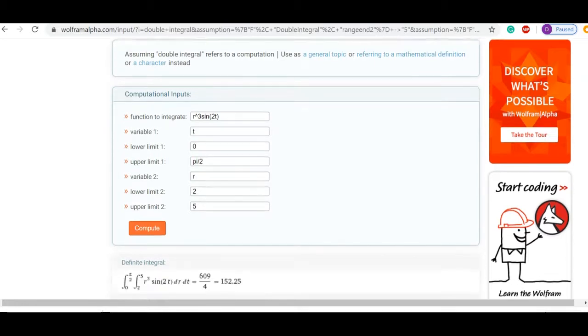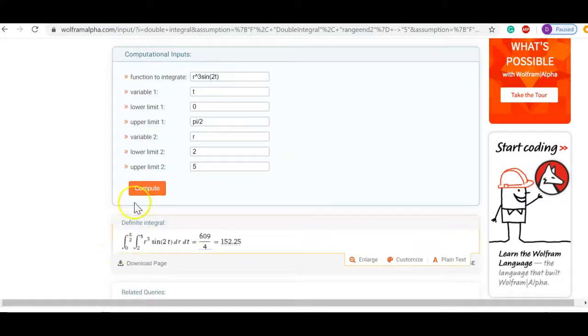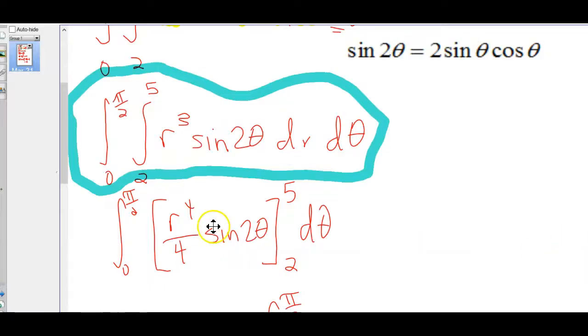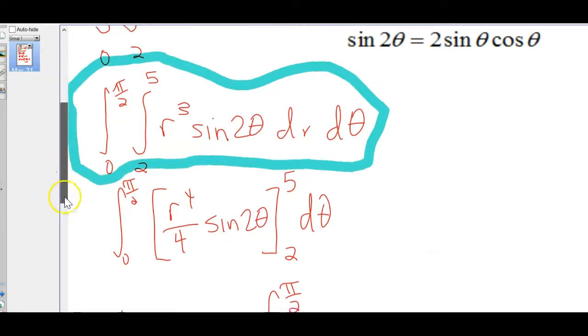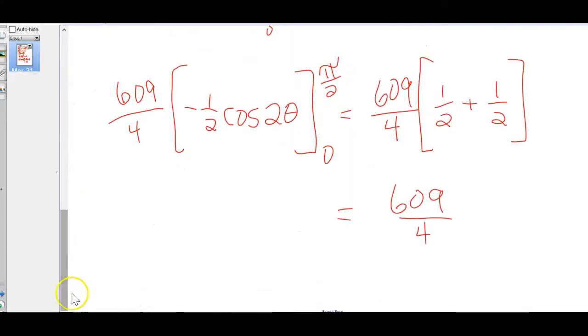But just know here, when you compute it, it'll show you a picture of what it's computed. So notice there's our dr on the inside and our dt, or d theta, on the outside. So you can get a kind of a matchup to see here that you've done it correctly. Alright, there's our answer. There's the 609 over 4, which is what we got. So again, that's a way you can check your work on these with Wolfram Alpha.